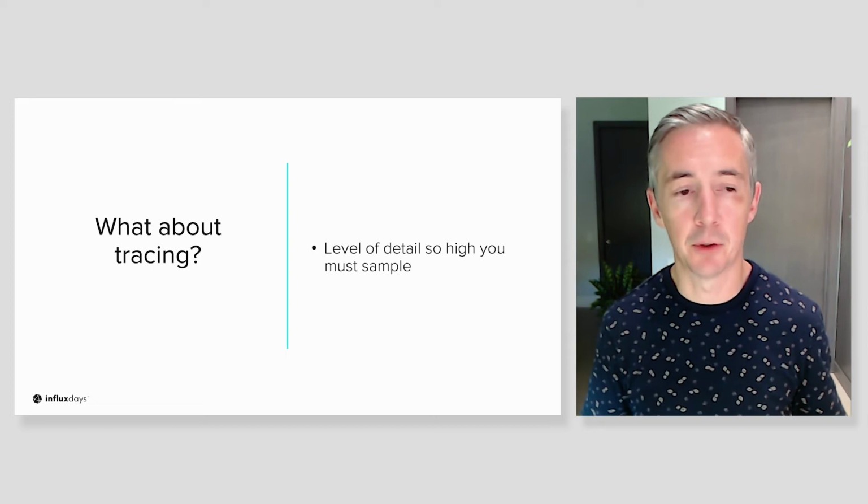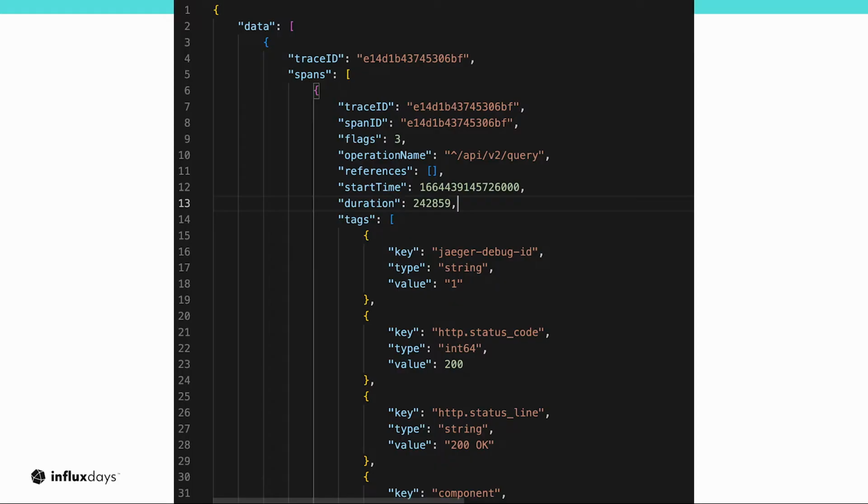So as an example, I executed a query in our production system against IOX that we have running there, right? So this is a Flux query that executes against IOX as the underlying core database. And a single query returned 119 spans.